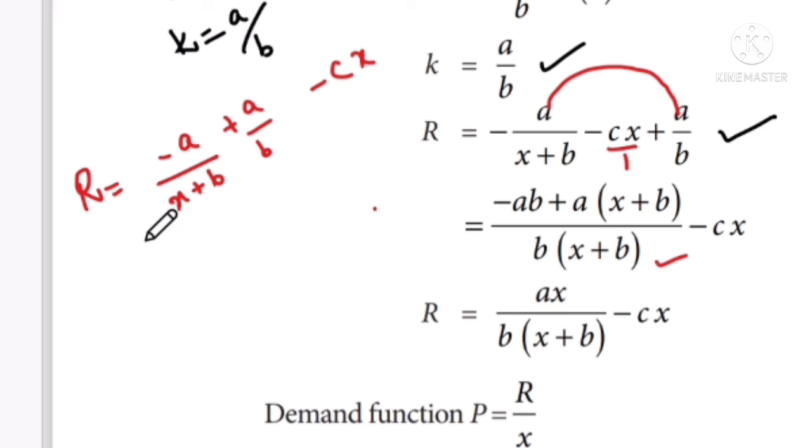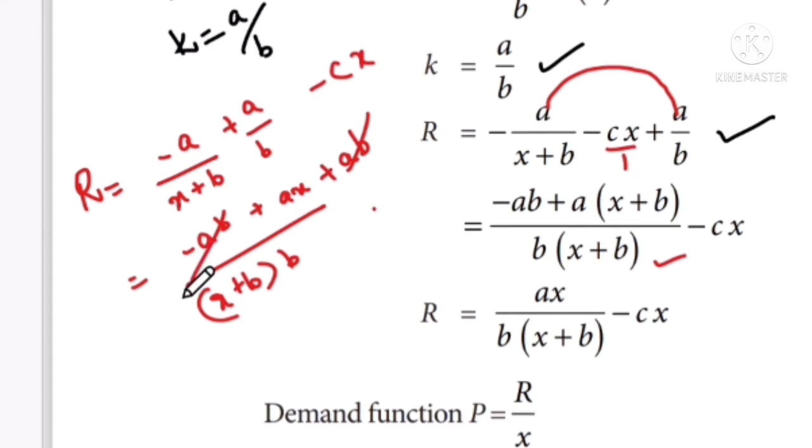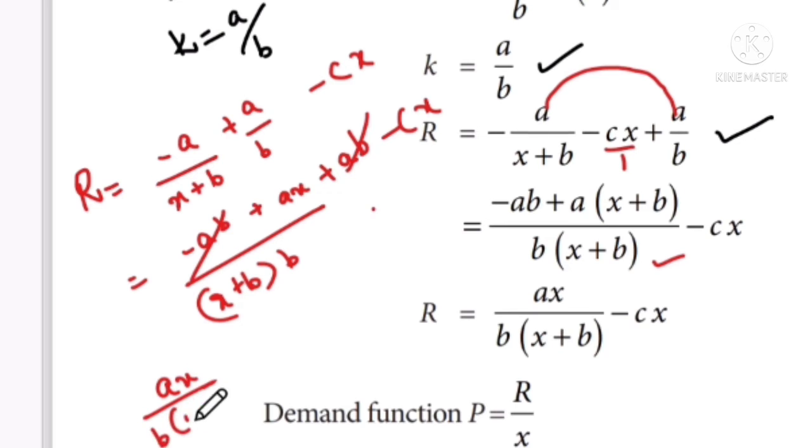Here you find the LCM. So the denominator is b into (x plus b), and the numerator is minus ab plus a(x plus b), that is ax plus ab minus ab, plus ab gets cancelled and you have ax. So ax by b into (x plus b), minus cx, that's what we got.